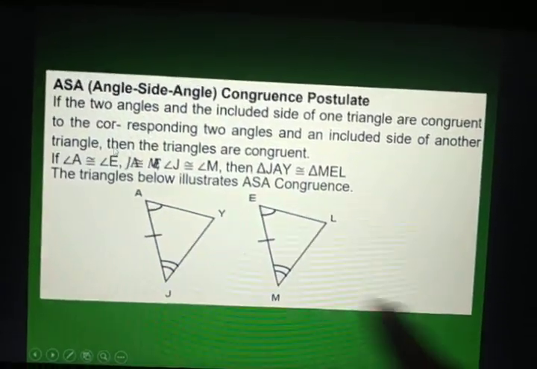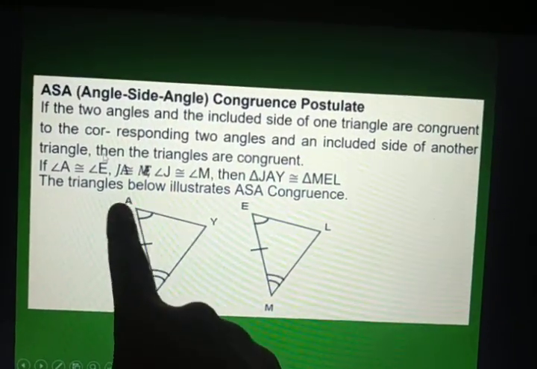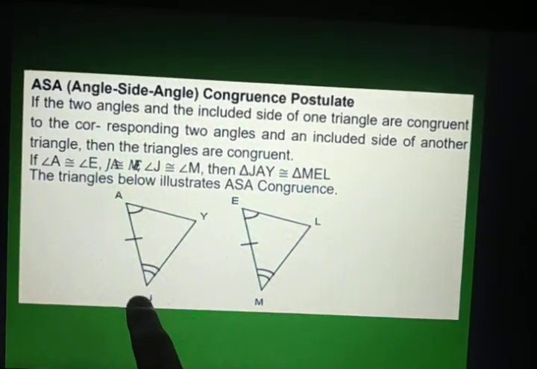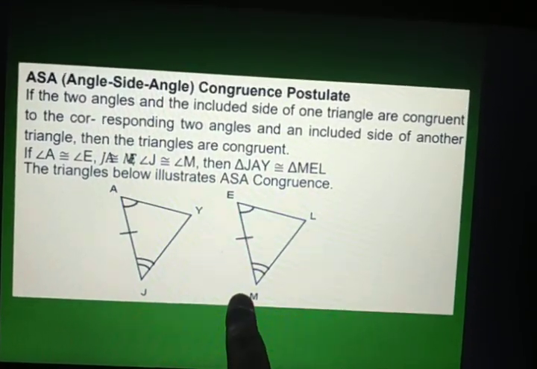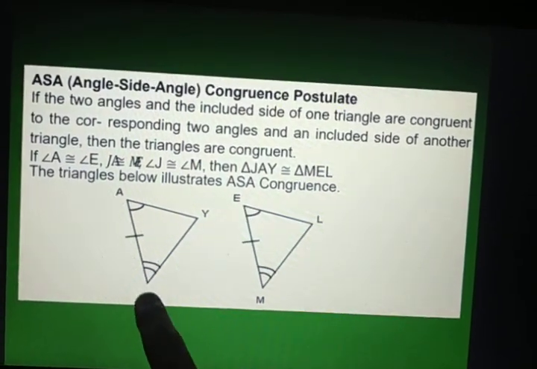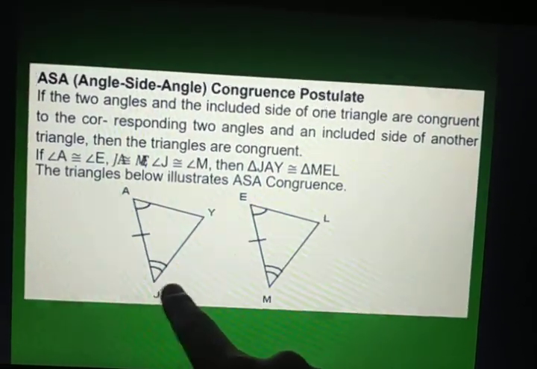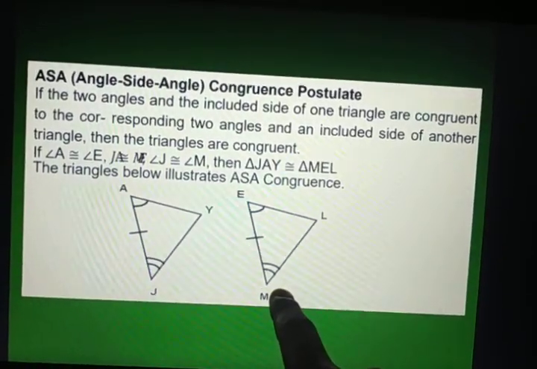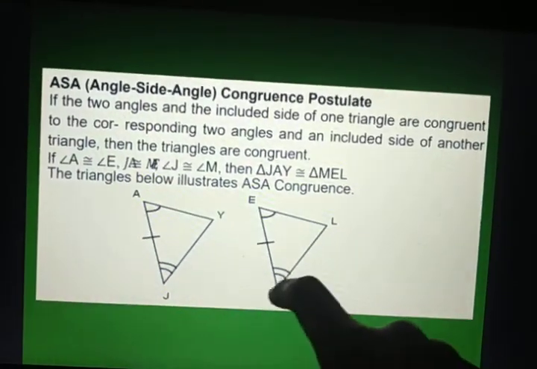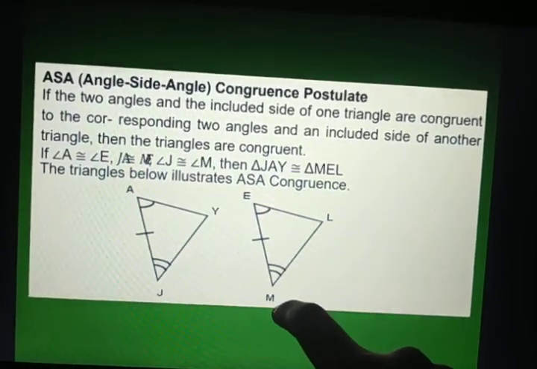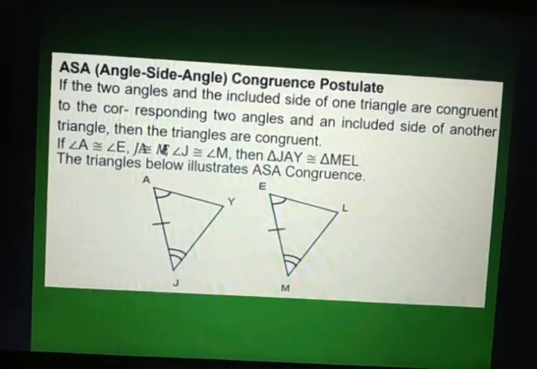If angle A is congruent with angle E, and this line segment JA, or pwede man AJ, is congruent with this line segment EM or ME, then angle J is congruent with angle M, then triangle JAY is congruent to triangle MEL by ASA congruence postulate.